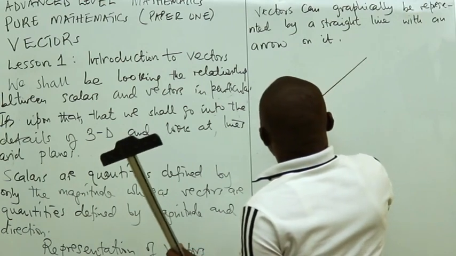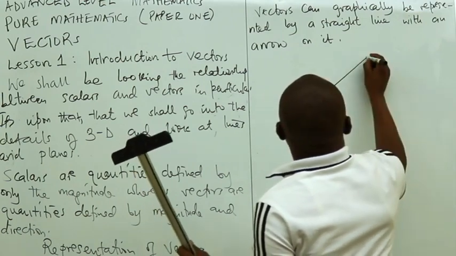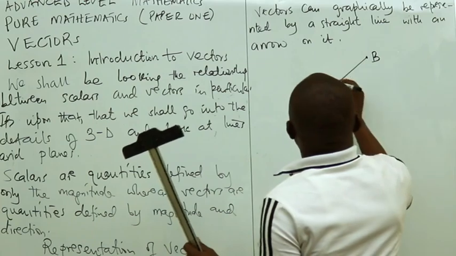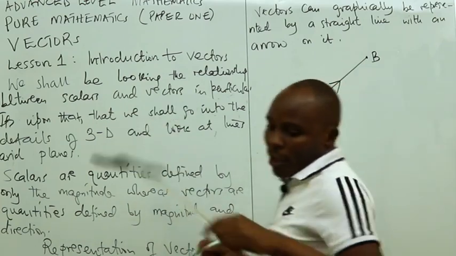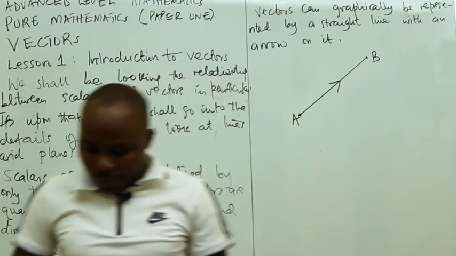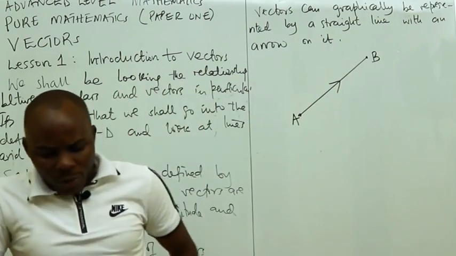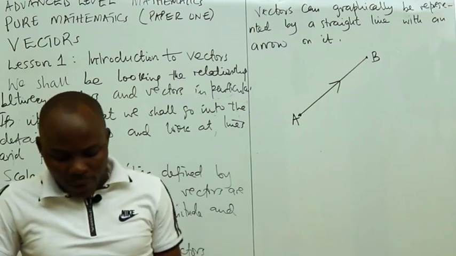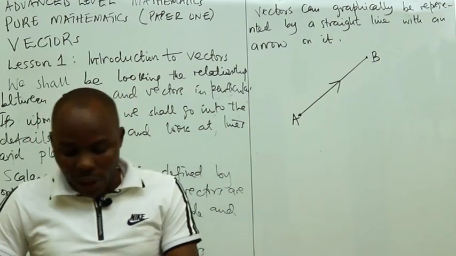So if this is point A and this is point B, and that is an arrow, we can say it can be represented with a straight line with an arrow.